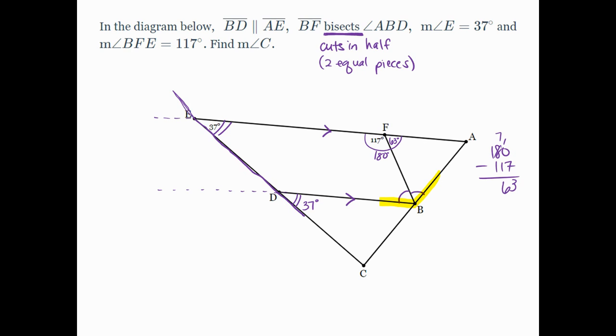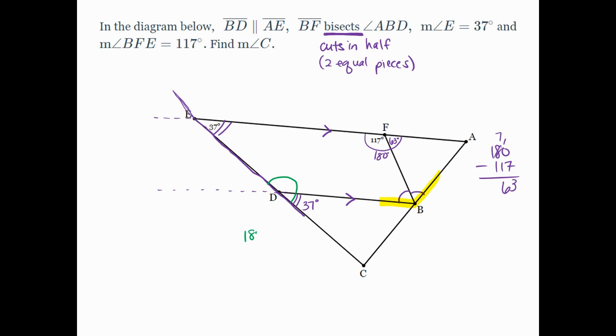Great, fantastic. Then other things I could do here. I'm going to do one other thing right here. I'm going to change colors so we can follow my logic. 37 degrees down here is a straight angle with this one. So there's another big straight angle.